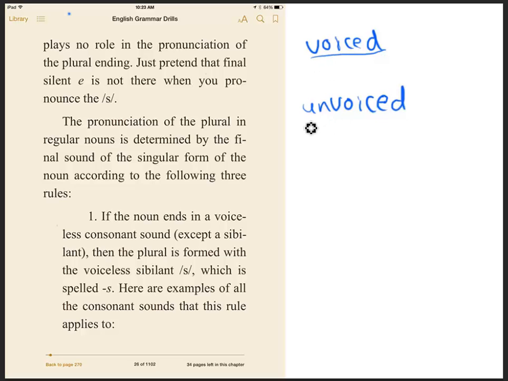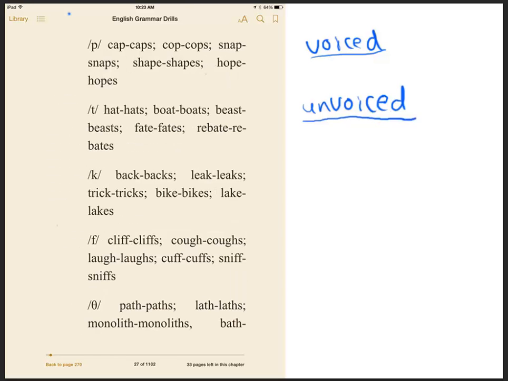If only air comes out, then it's an unvoiced consonant, and I'll walk you through several examples so you understand. I'm going to emphasize the sound so you can really hear it. These are unvoiced, which means your vocal cords do not vibrate when you say them. So if it's unvoiced, you pronounce the word with an S at the end. If it's voiced, you pronounce the word with a Z sound at the end.